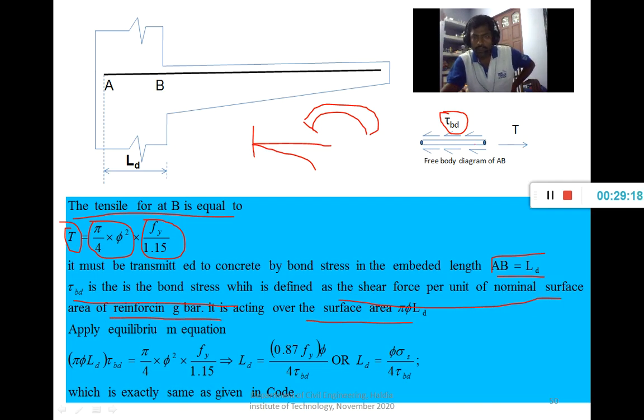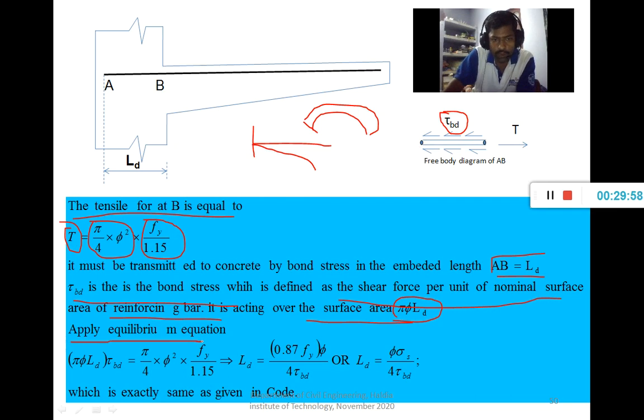Through this bond force, the load is transferred to the concrete. The surface area is pi phi into LD.